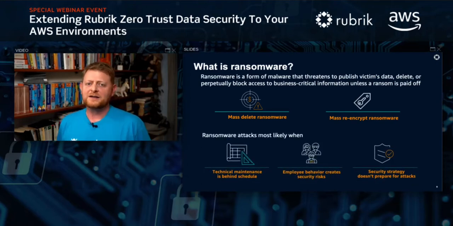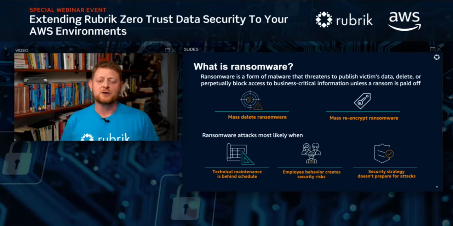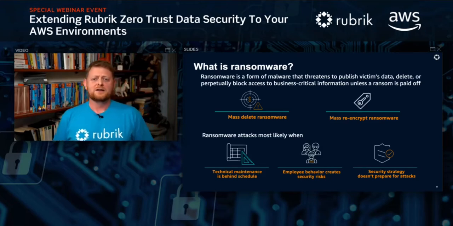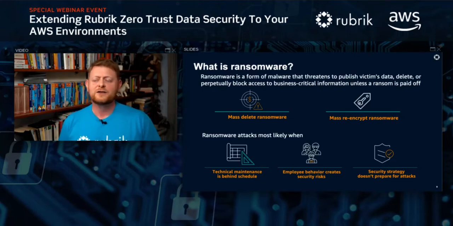So they're most likely when technical maintenance is behind schedule. And over the last 2 years, clearly there's been coronavirus. Everyone's been really stretched, working from home. People can't get into the office. All of these kinds of challenges. We see risky employee behavior, so people might be tempted to just click on a link that maybe they wouldn't have done if they were in the office, if they had IT security standing over them.